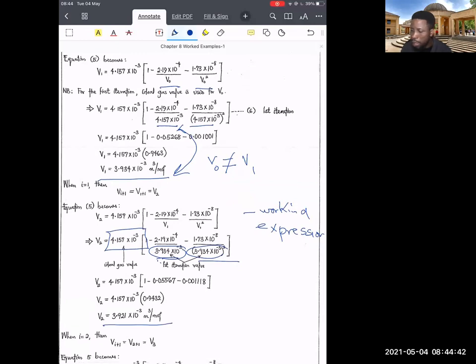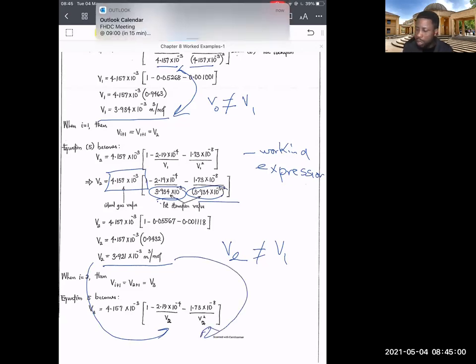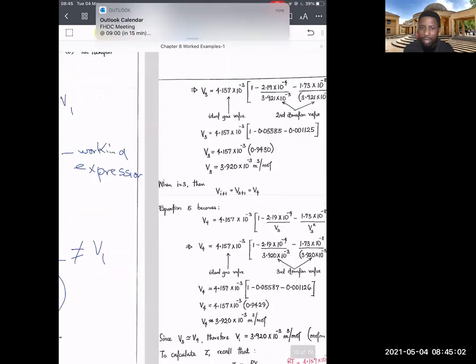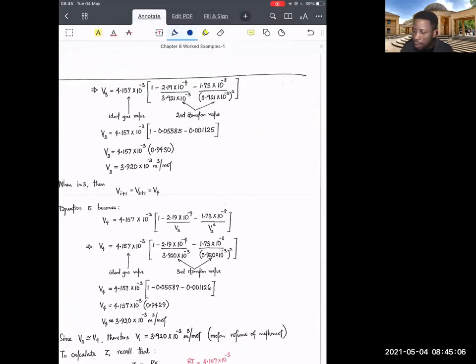So if you compare V2 to V1, again, V2 is not equal to V1. So what does that mean? We iterate again. So for V3, this value goes there. Let's move on. So we do the calculations. We have V3.